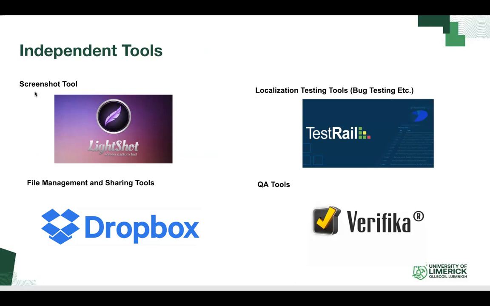Like Lightshot is a screenshot tool, Dropbox is for file management and sharing, Localize testing tools are for testing, TestRail is a good one, and for QA, Verifika is good for the quality check.